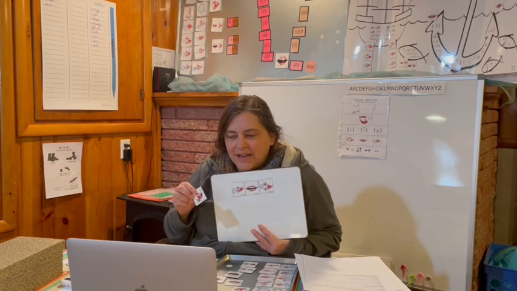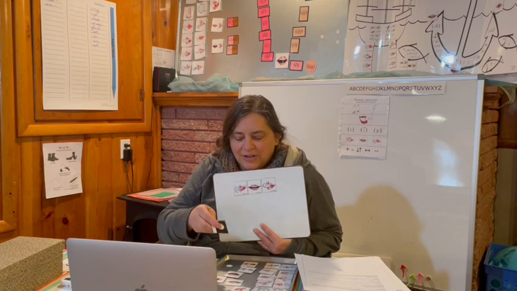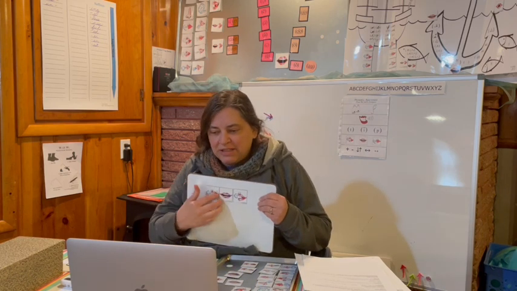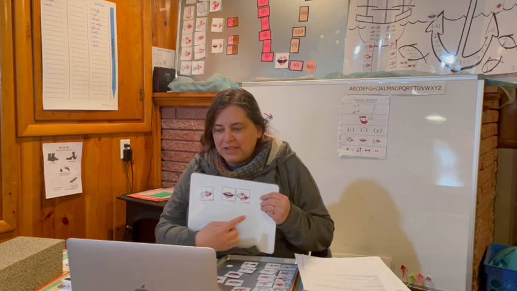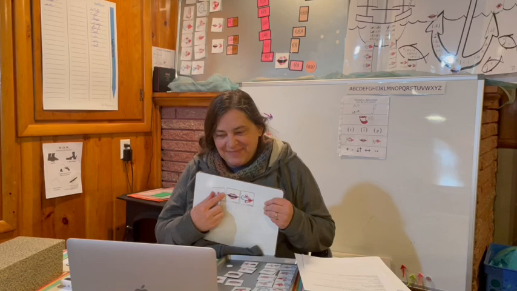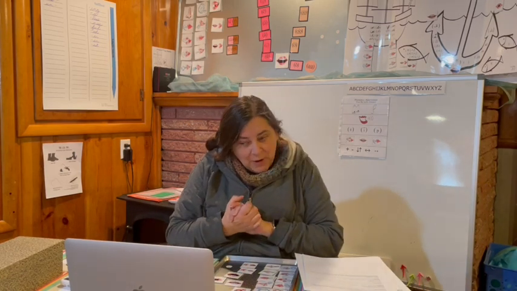What sound did I have to take away? That one. Yeah, the side curler, right? Good. Which position was it in, the initial position, the final position, or the medial position? Good. All right, now let's go on to our spelling practice.